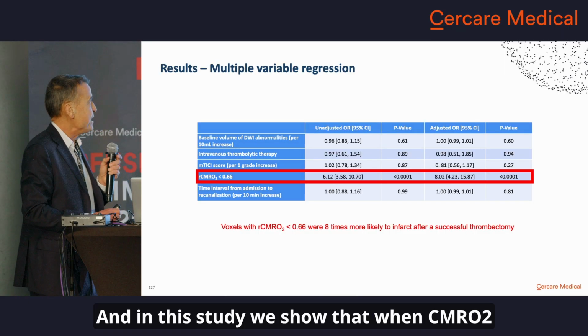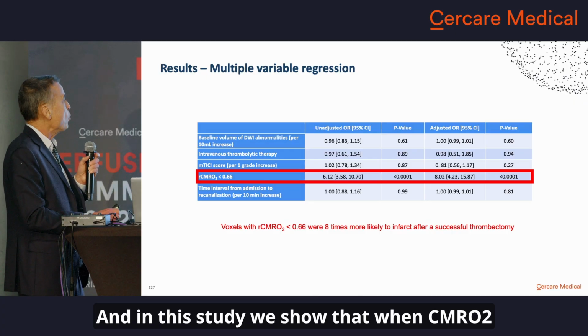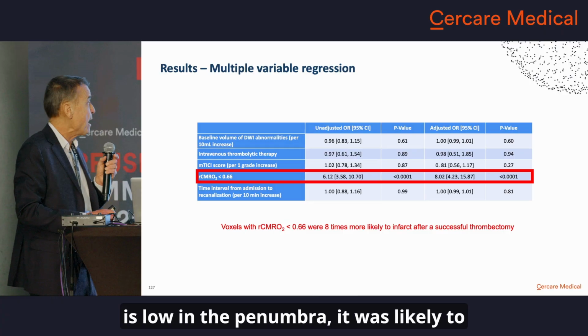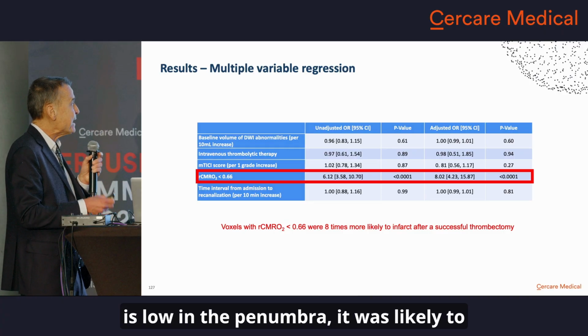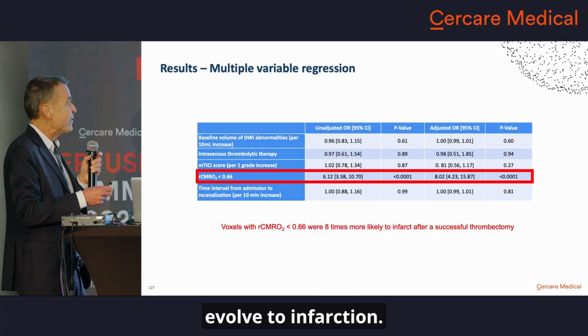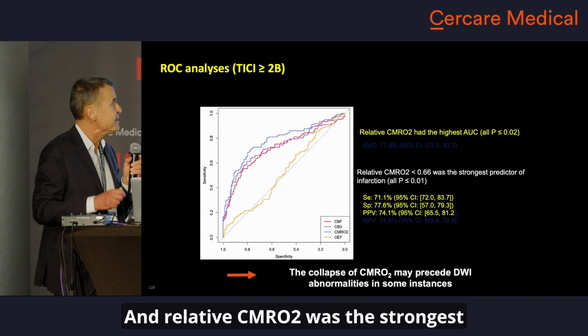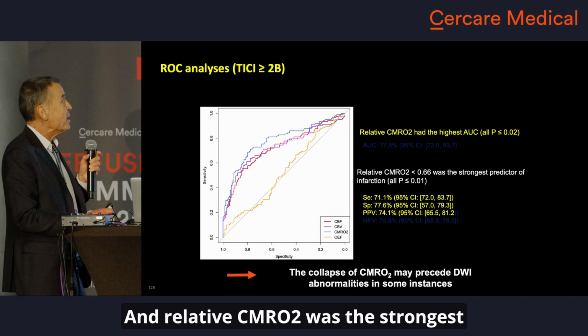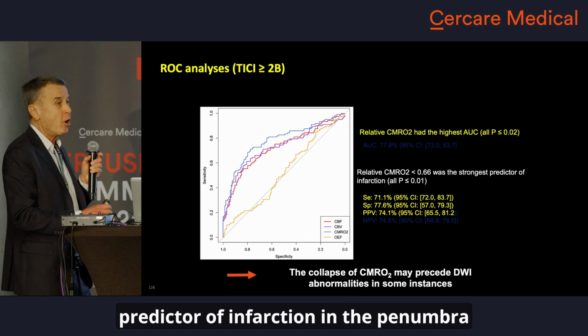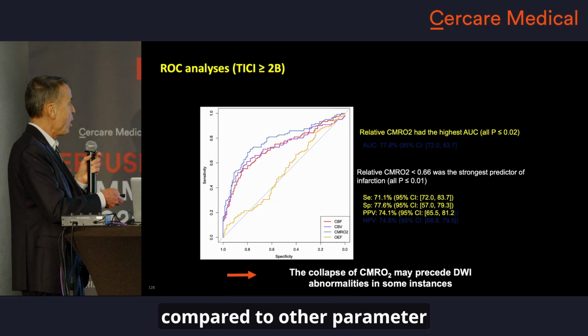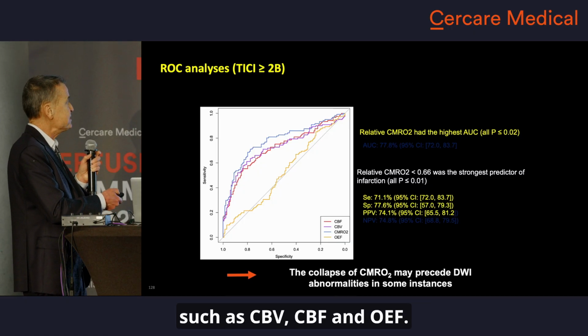And in this study, we show that when CMRO₂ is low in the penumbra, it was likely to evolve to infarction. And relative CMRO₂ was the strongest predictor of infarction in the penumbra compared to other parameters such as CBV, CBF, and OEF.